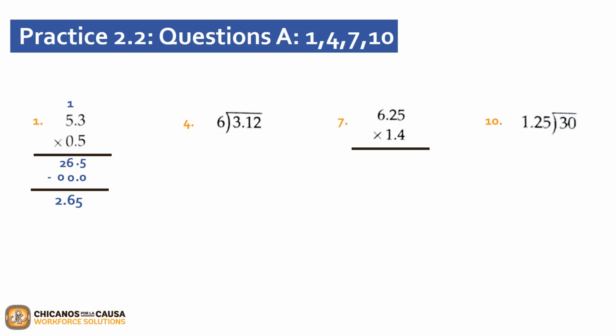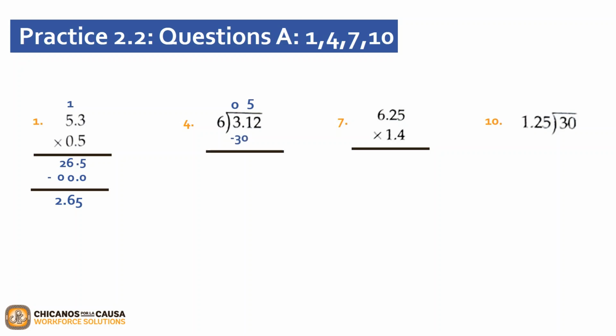Let's look at a division problem. We have 3.12 divided by 6. So in this case, we know that 6 does not divide into 3, but it can get divided into 31. So it will divide into 31 5 times, given that 6 times 5 gives you 30.